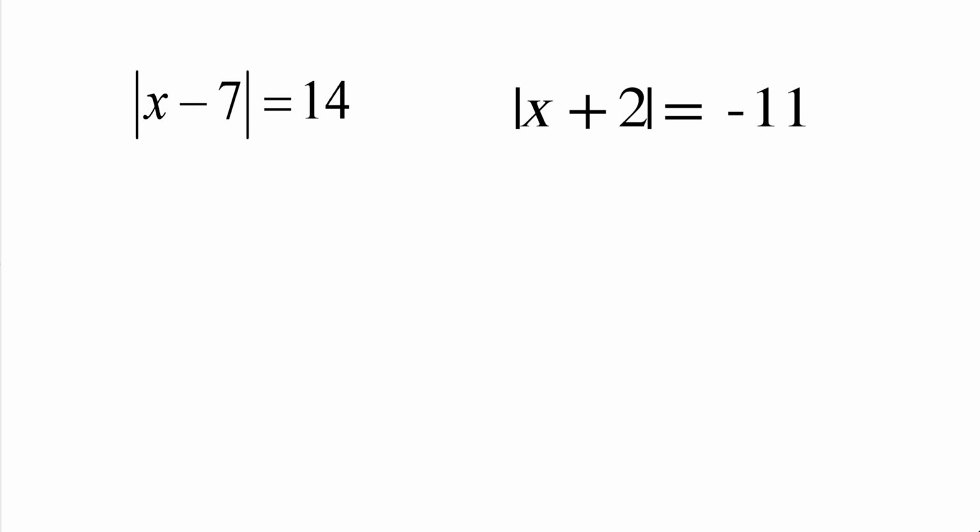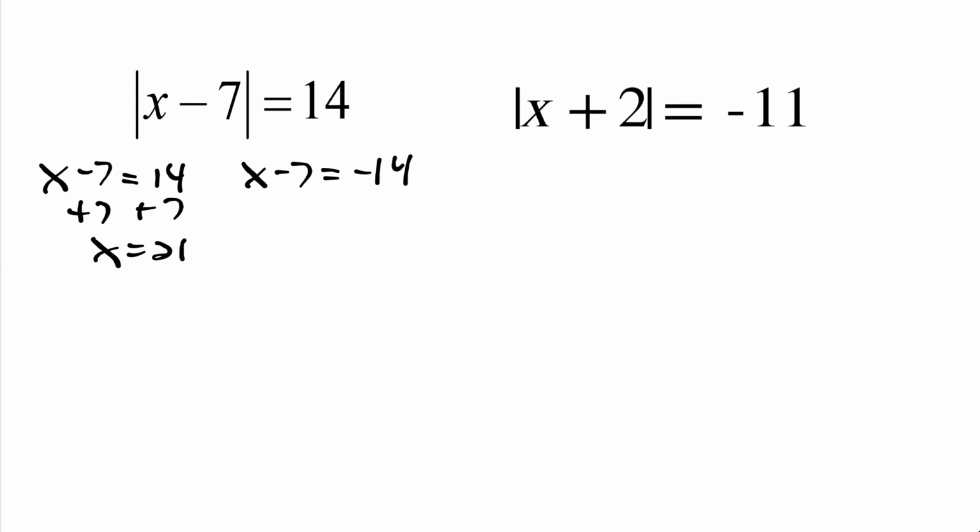All I have to do is say, hey, there's two possible answers. There's x minus 7 equals 14, and there's x minus 7 equals negative 14. And then I solve both of those. 21, and negative 7.